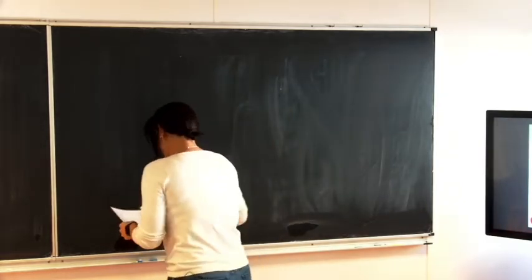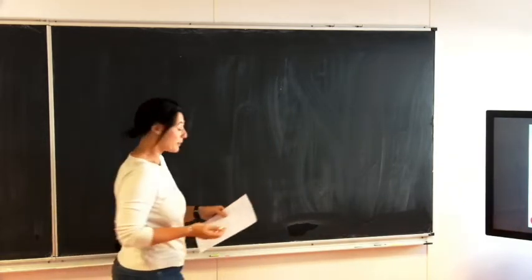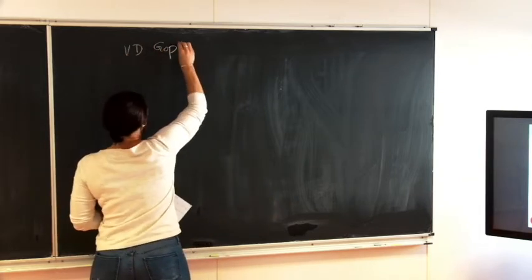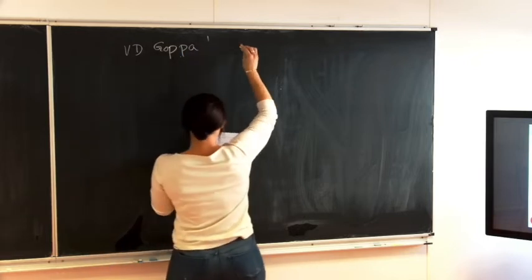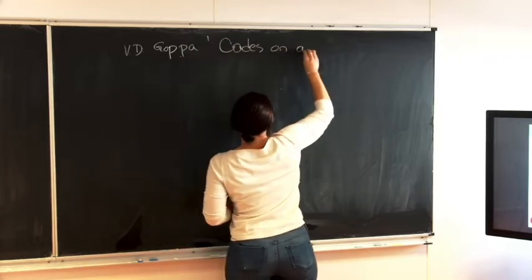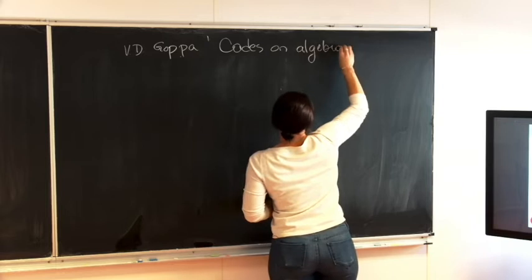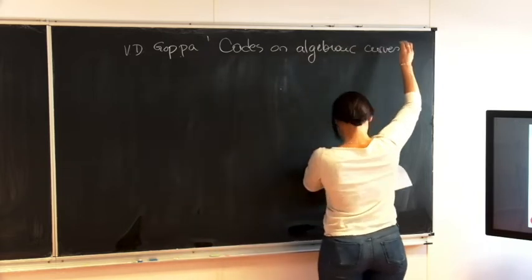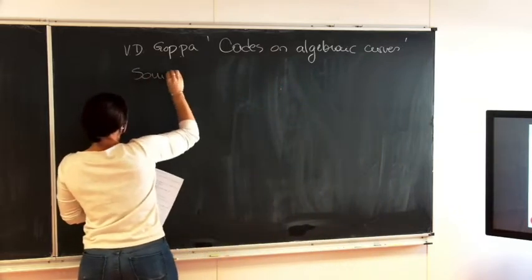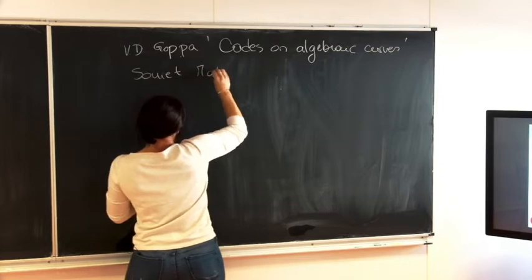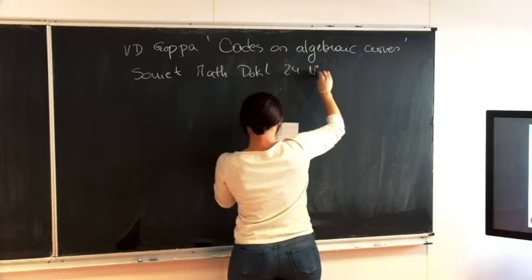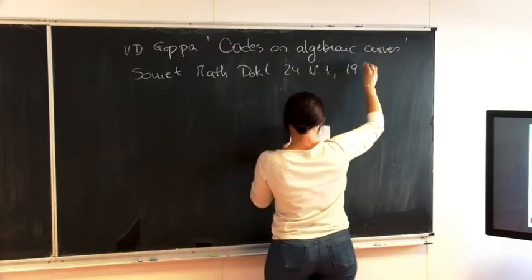I didn't say it yesterday, but algebraic geometry codes were introduced by Goppa in his work "Codes on Algebraic Curves" in 1981.